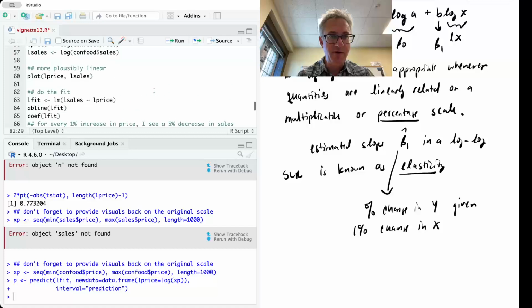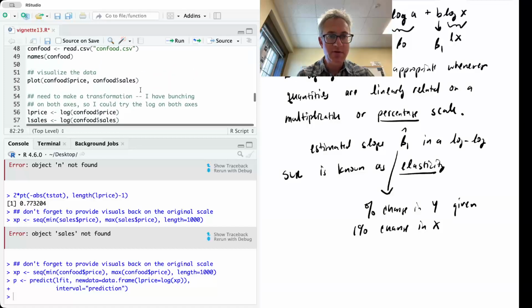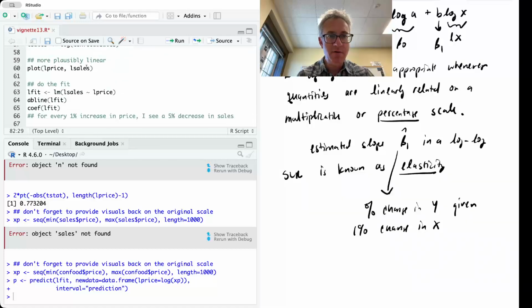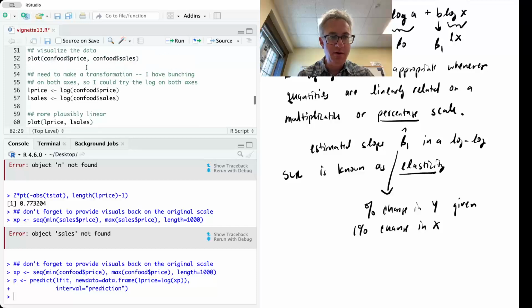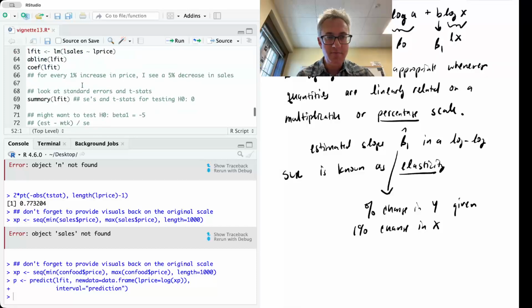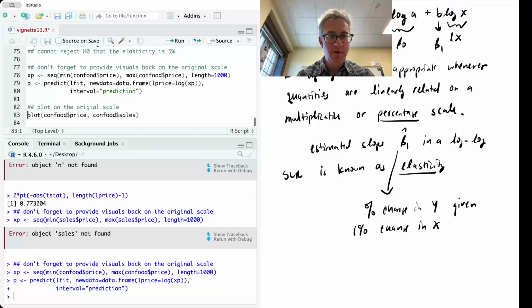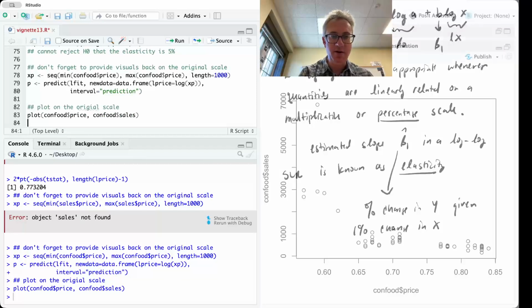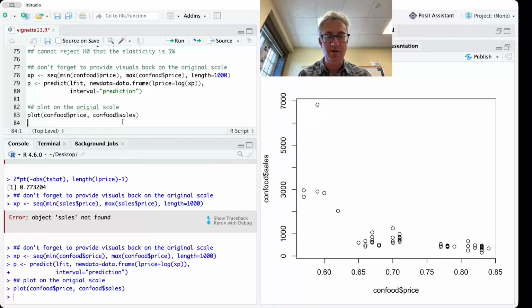And then I can make my plot on the original scale, which I did up here. Oh, here it is. Okay, here's that plot. There's the plot on the original scale. And now I'm going to do lines, but I'm going to give it the original grid that I put the log on before I put it into predict, and I'm going to take what comes out, but I'm going to remember to undo the transformation on the y.